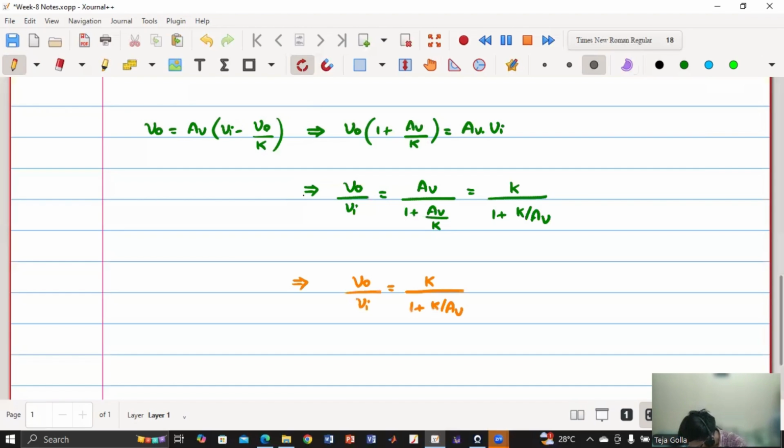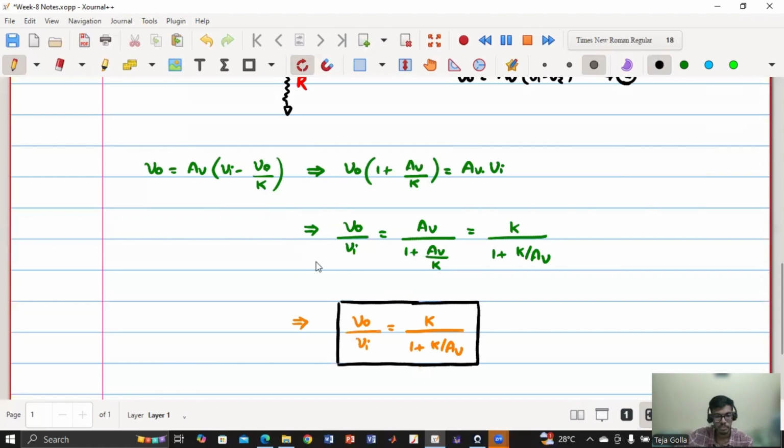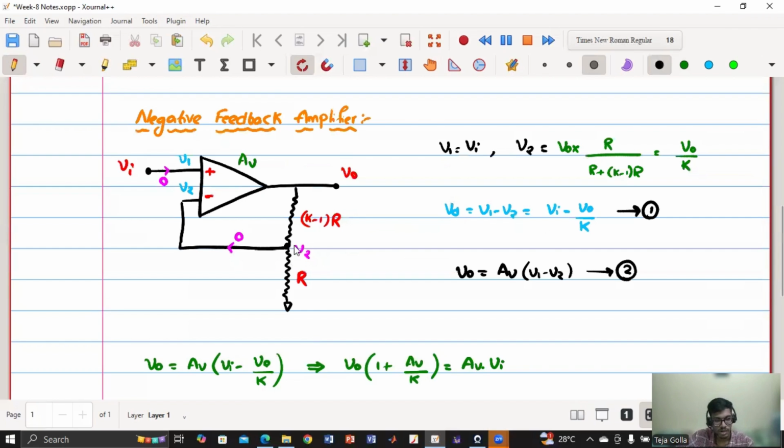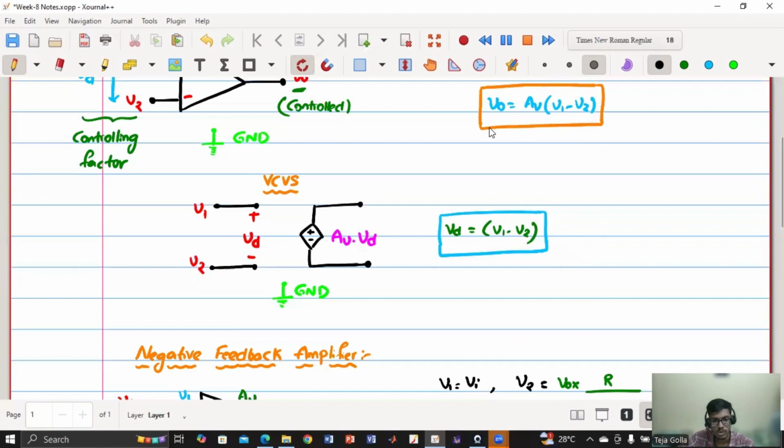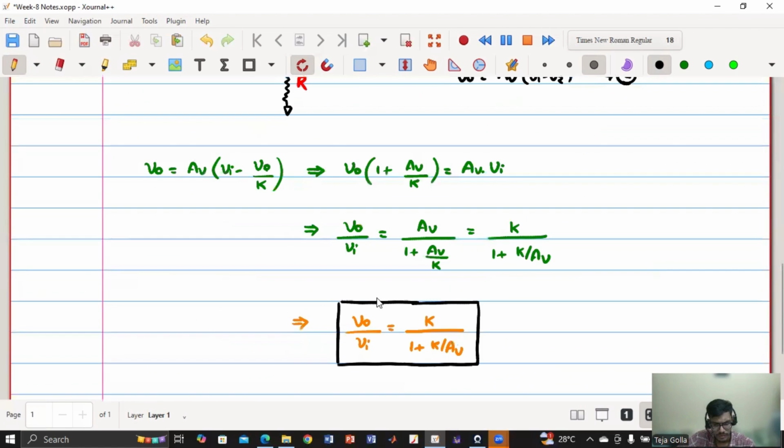Is this clear until this point? How are we getting this? We are simply using resistor divider theory to get the voltage, and we have seen that V naught equals AV into (V1 minus V2). We are only using that to get this expression. It is simple math and very straightforward.